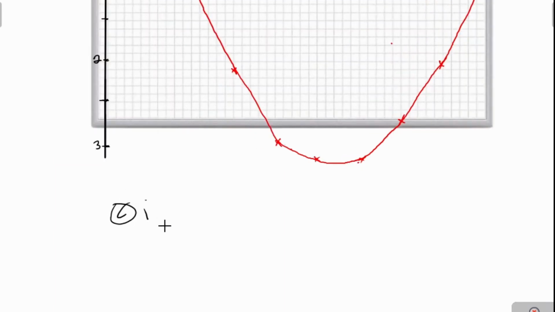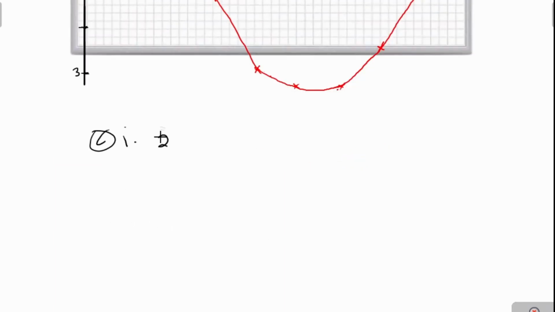C I will be 2 plus cos x equals 3 sin x. So like I said earlier, we are going to work this out to look like the original function or equation for the graph so that we can compare the two of them.